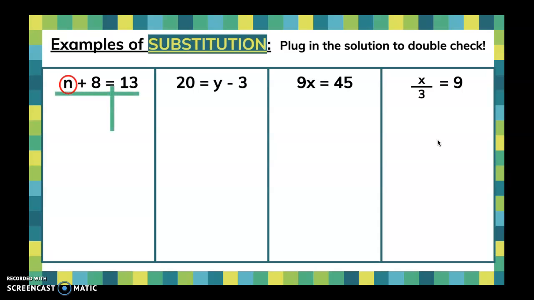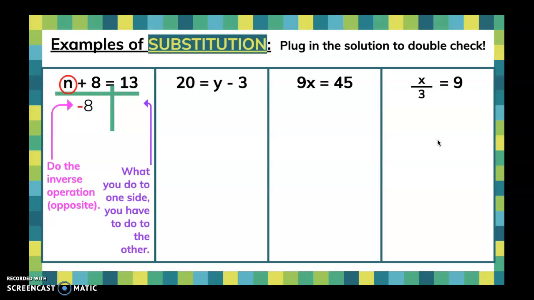If I think of this as balancing it, using the equal sign as that middle marker, I would need to subtract 8. Remember, what I do to one side, I have to do to the other. So the plus 8 minus 8 cancel each other out, and that leaves me with n. What is 13 minus 8?